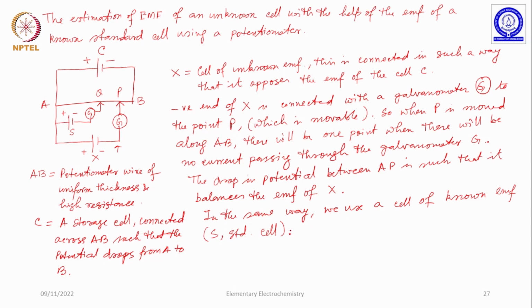So, the cell S is connected through a galvanometer and we find a point Q on the line AB such that there is no current flowing through the galvanometer which is connected to the cell S. This means that the drop in potential between A and Q is balancing the EMF of cell S, right.